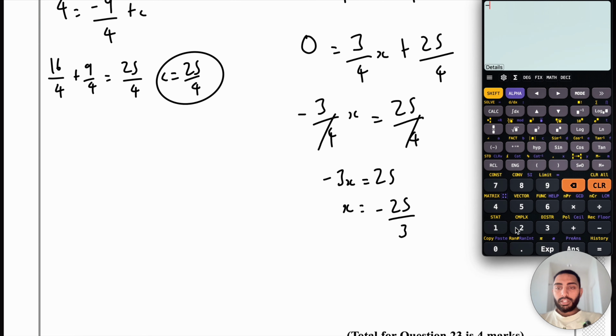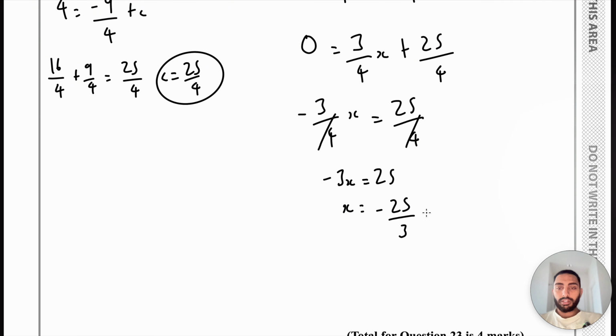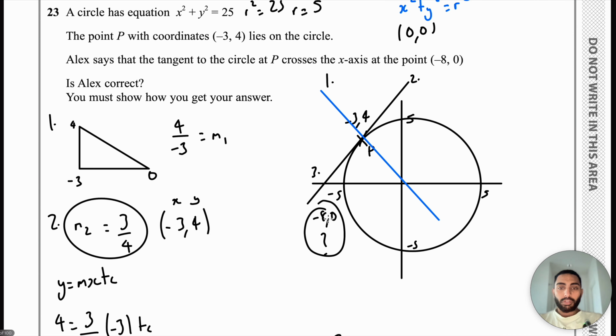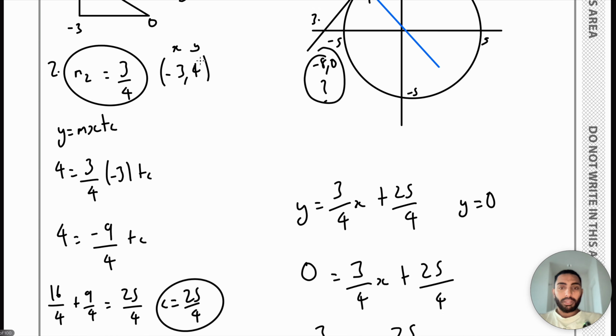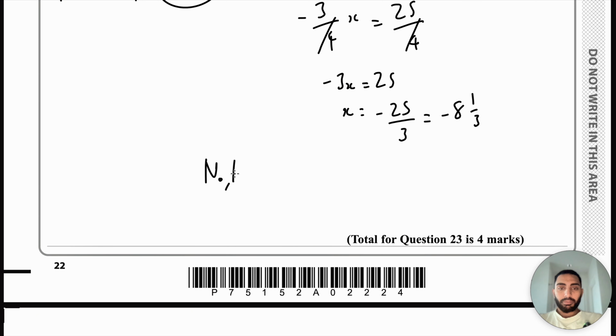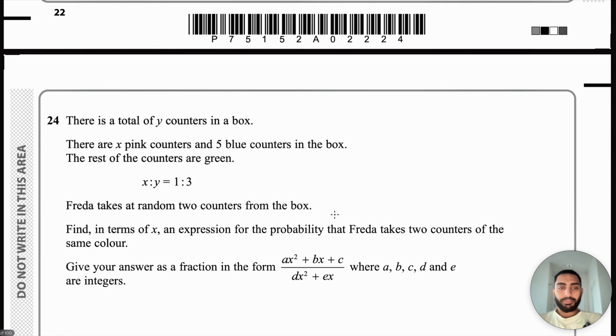If you do this on your calculator, -25 divided by 3 is -8 and 1/3. And Alex thought it would cross at -8, but it's actually crossing at -8 and 1/3. So Alex would be incorrect. The line crosses the x-axis at -8 and 1/3.